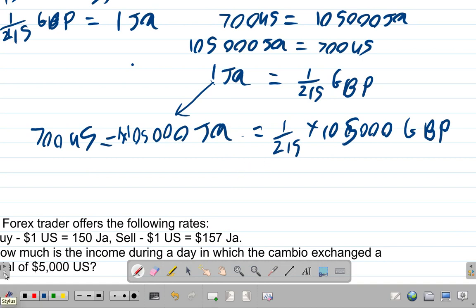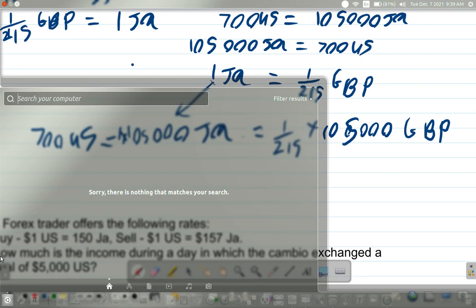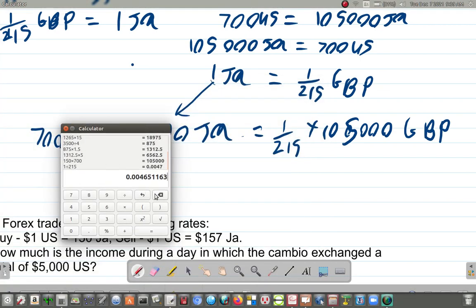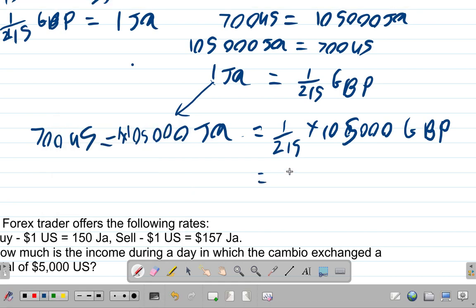So having 1 divided by 215 times 105,000 is the same as having 105,000 divided by 215, and what you get is 488.37 GBP. 488.37 Great British Pounds is equivalent to 700 US.